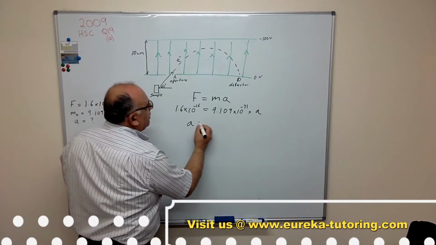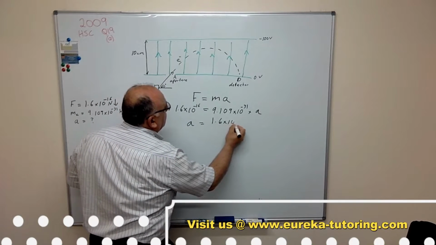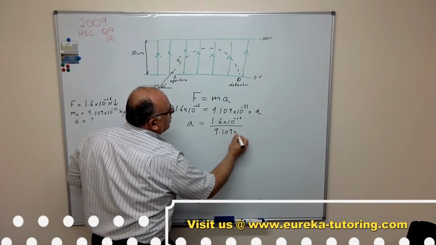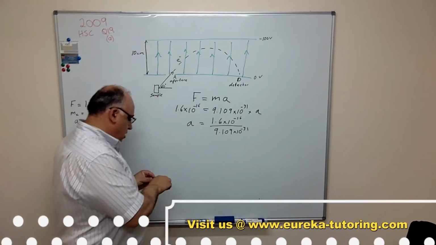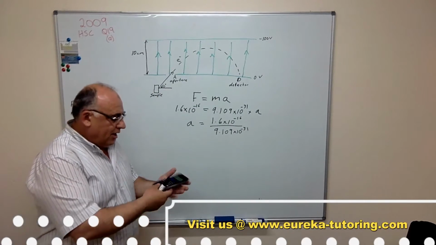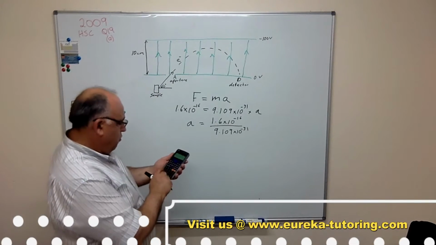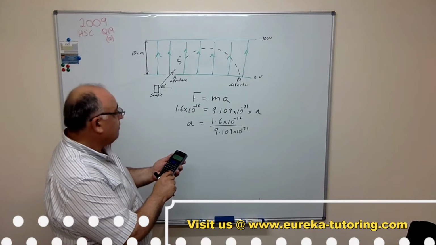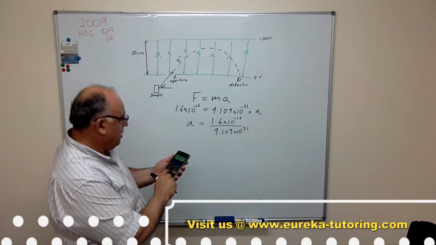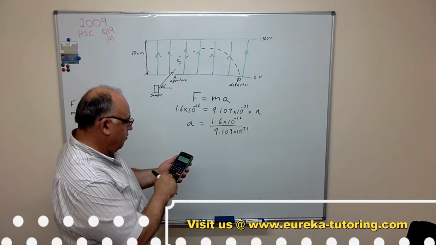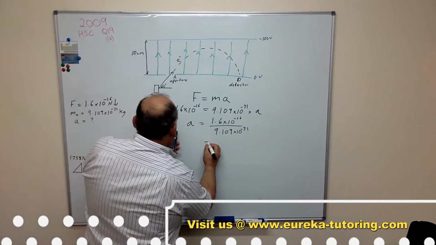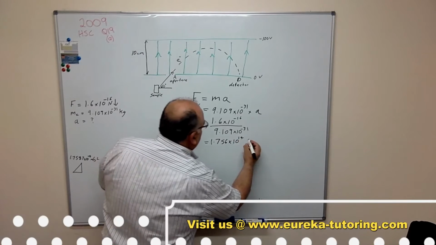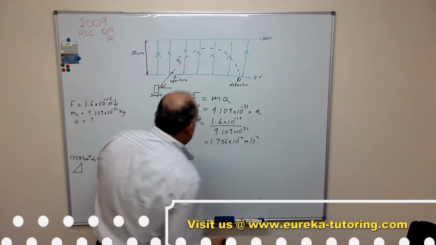Rearranging the formula, acceleration is equal to 1.6 times 10 to the negative 16 divided by 9.109 times 10 to the negative 31. So we get the calculator out, and we get an acceleration of 1.756 times 10 to the 14 meters per second squared.